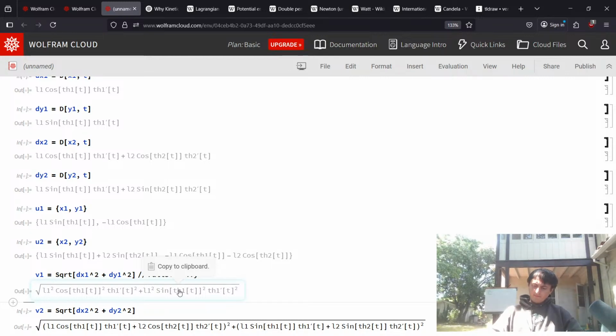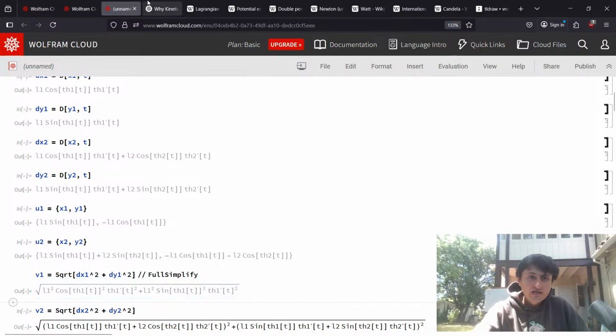So if we factor out L squared theta dot squared, we get cos squared theta plus sine squared theta, which is equal to 1. This goes to 1. So then we just get L squared theta dot squared. So that's the velocity squared.